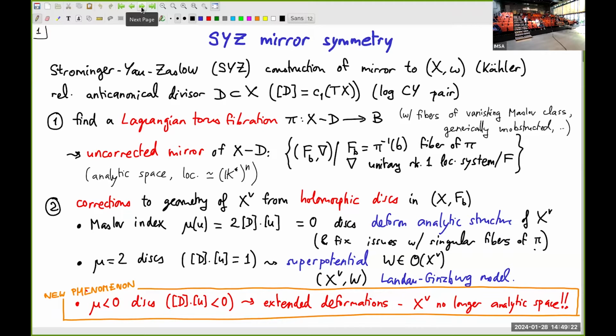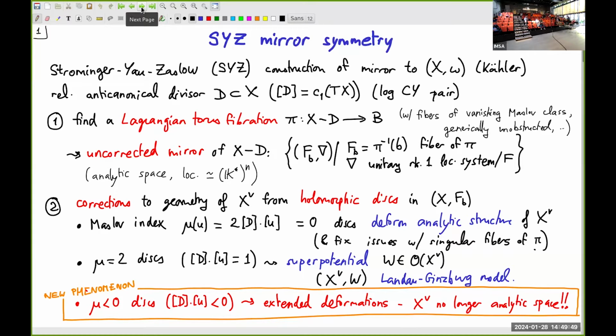And then we discussed how the presence of holomorphic disks in X with boundary on those fibers modifies the answer. In particular, Maslov index 0 disks are responsible for wall crossing jumps in the mirror. So we get some wall crossing analytic changes of coordinates across each codimension 1 wall where there are Maslov 0 disks.